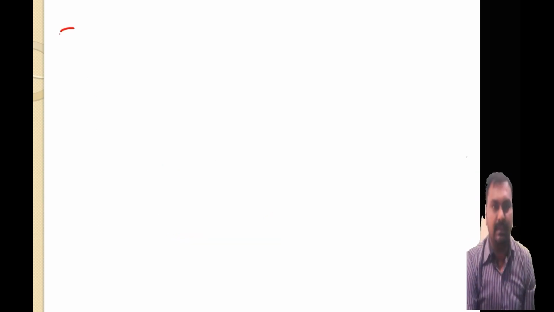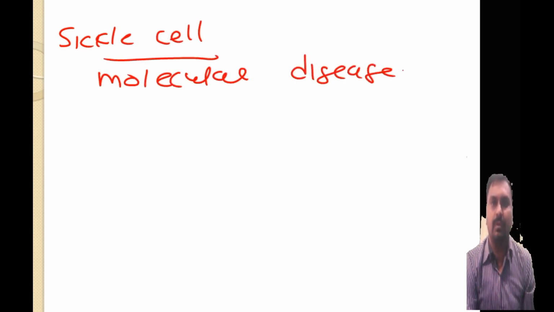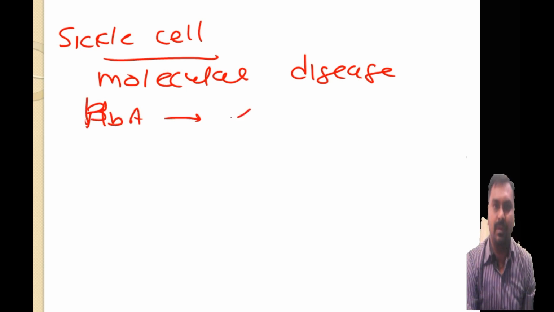Now, why is sickle cell called a molecular disease? Hemoglobin A is made up of 2 alpha chains and 2 beta chains.